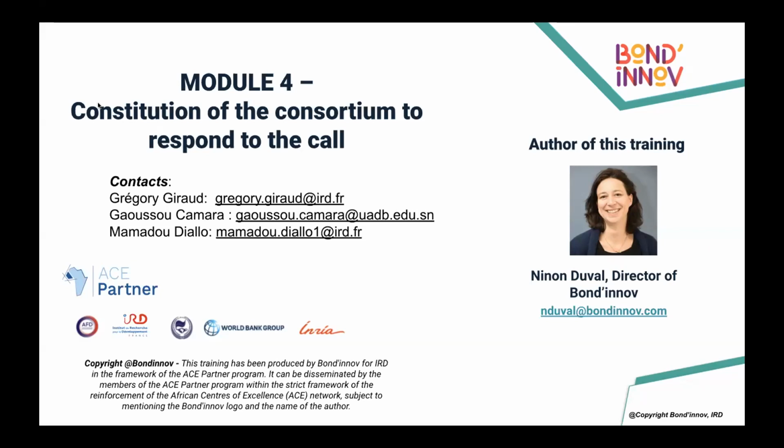You can have a big consortium, but if there are no complementarities between the partners, or if there is no coherence on how these partners will work together to achieve the goals of the project, the size will not have any impact on the evaluation of your proposal.